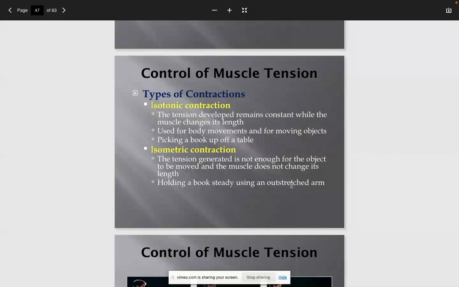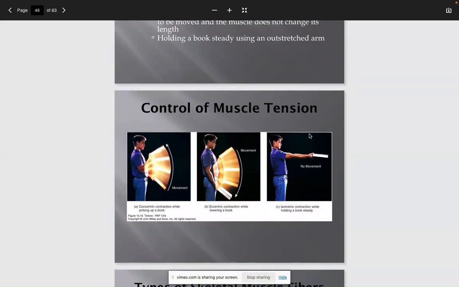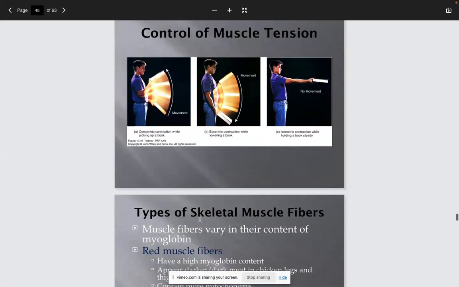This is picking a book up off the table, and both of those things are important. This is just a picture here kind of demonstrating that for you. No movement here. This is an example of an isometric contraction. But as he's picking the book up, this is an isotonic contraction, as there's a concentric and an eccentric movement.